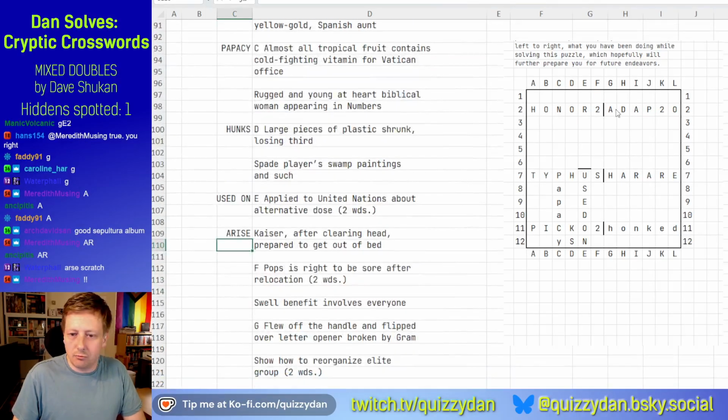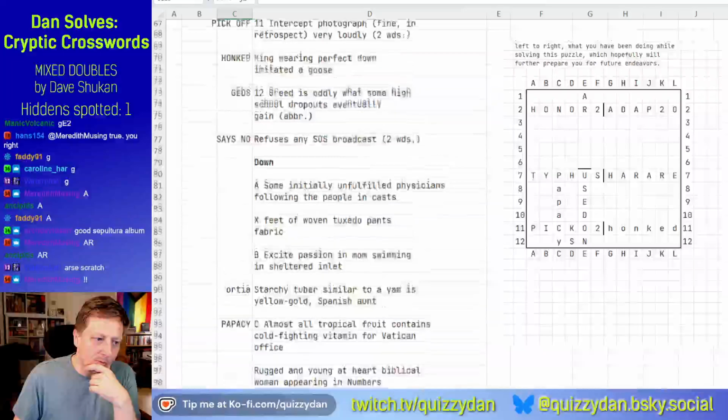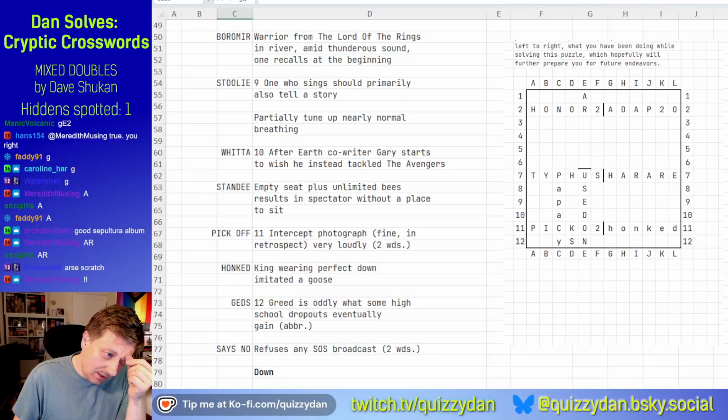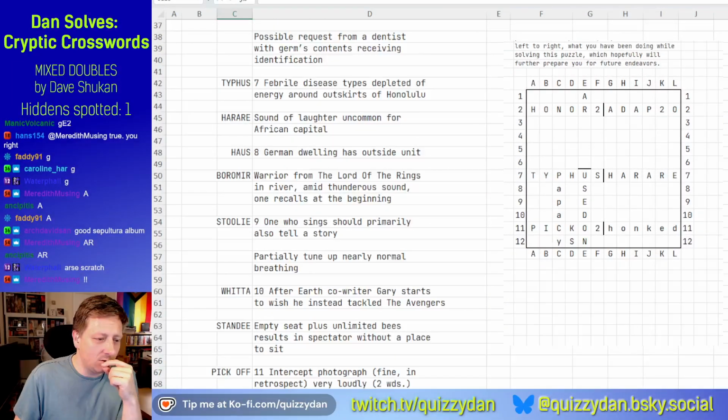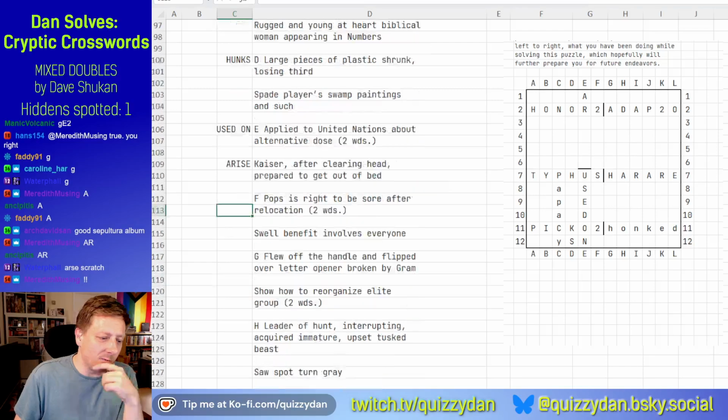So we have arise. That is there, but we can't force the others in yet. Have we had anything more than 7 letters yet? Not that's actually been put in the grid. So I think we might get just 4 entirely separate areas here. That's what I think we're going towards.